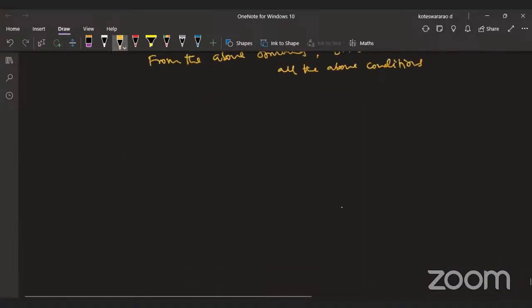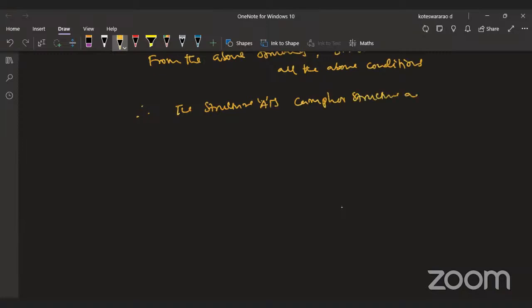Therefore, structure A is the camphor structure, and it is finally confirmed by its synthesis.